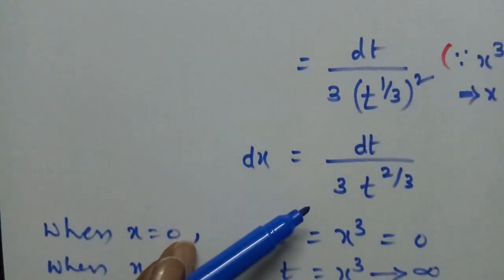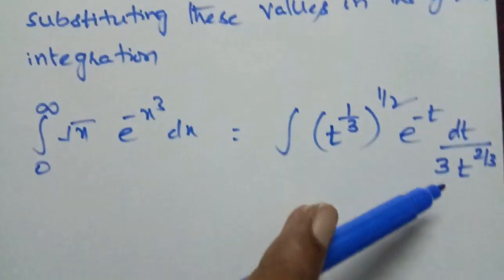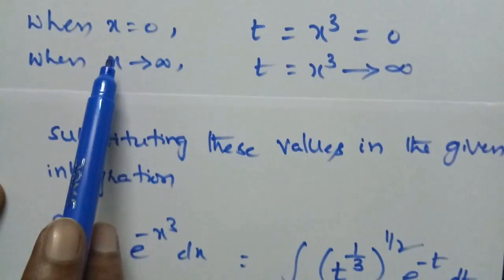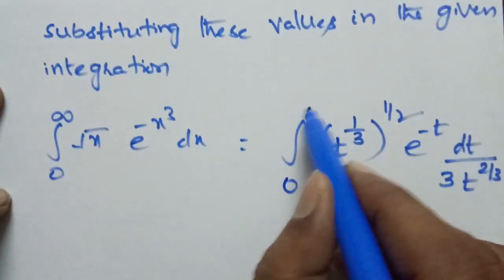Writing the limits: x is 0, t also 0. When x tends to infinity, t also tends to infinity. There is no change in the limits.